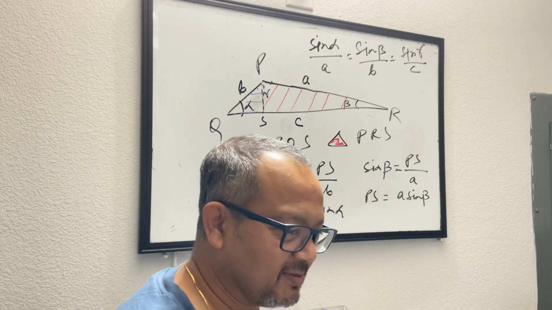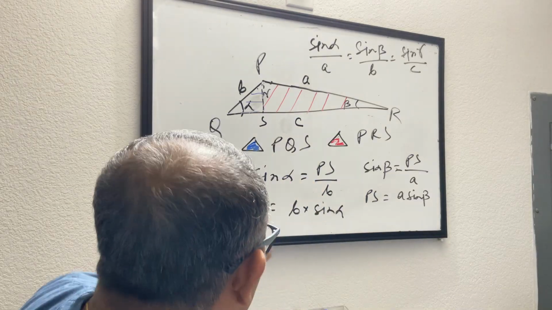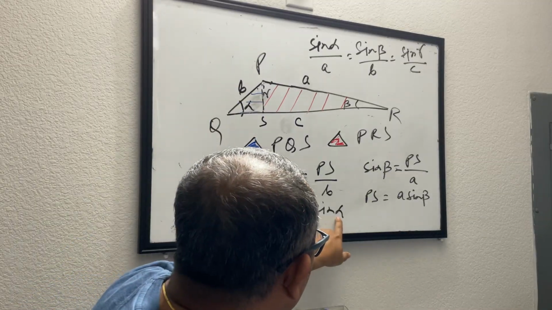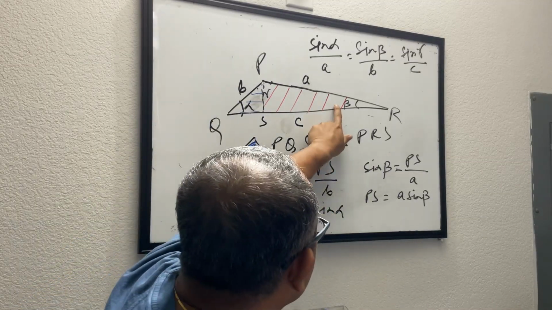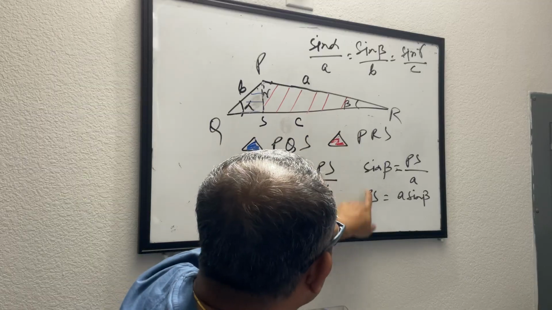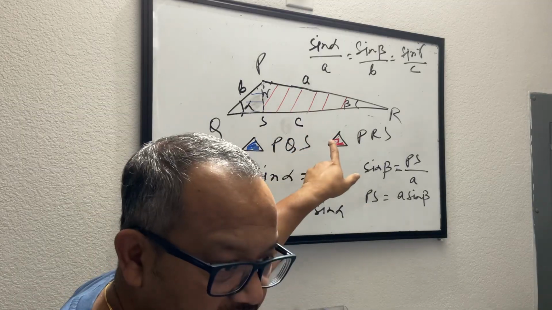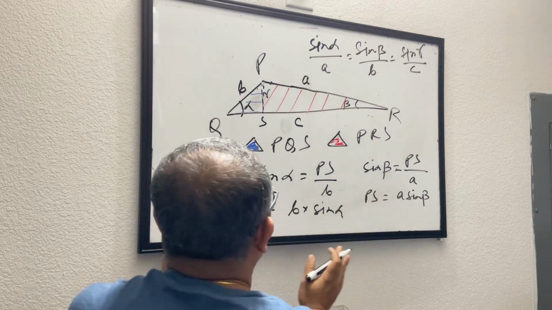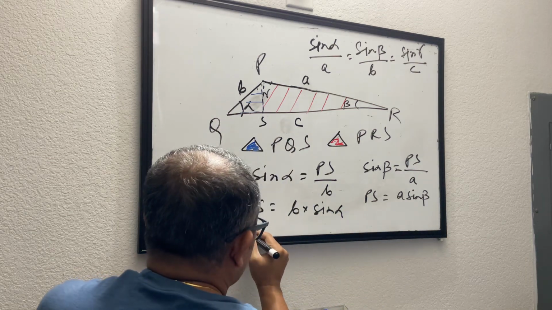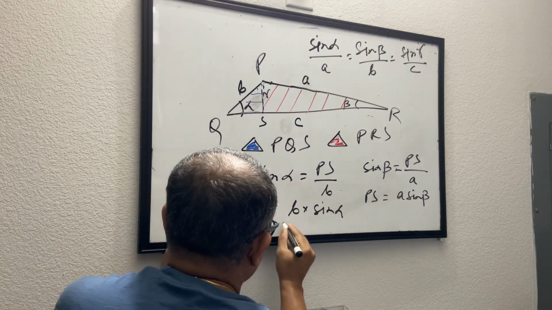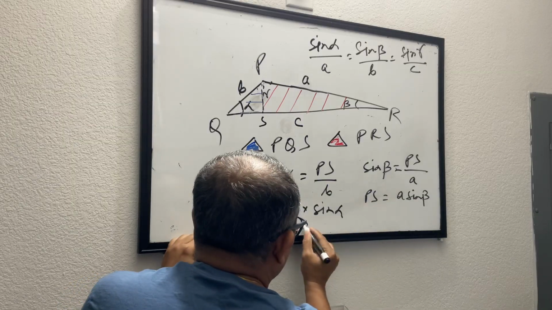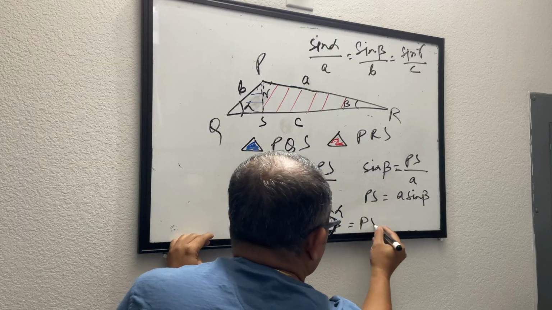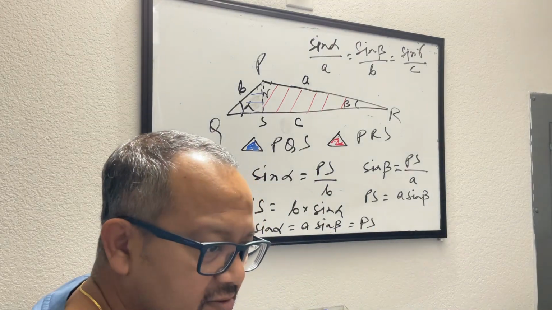Everybody comfortable? So from the blue triangle we found PS equals B sine alpha, and from the red triangle we found PS equals A sine beta. That means I have a little bit of courage now to say B sine alpha equals A sine beta equals PS.